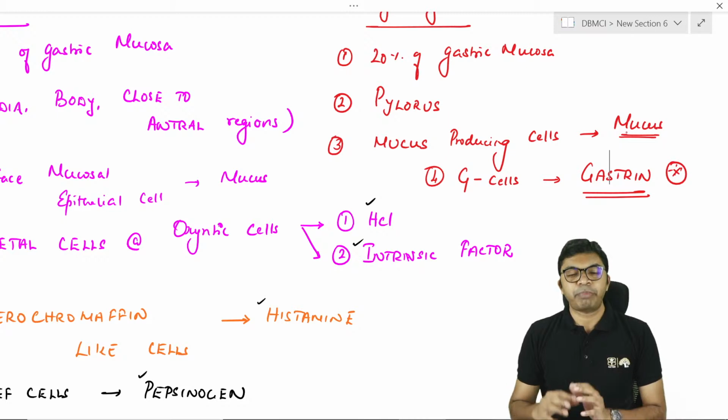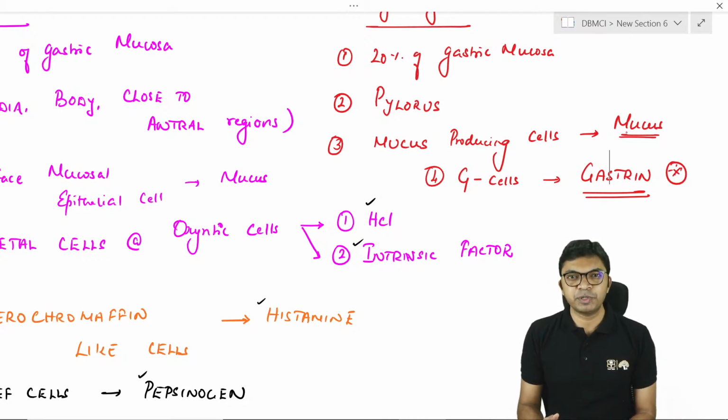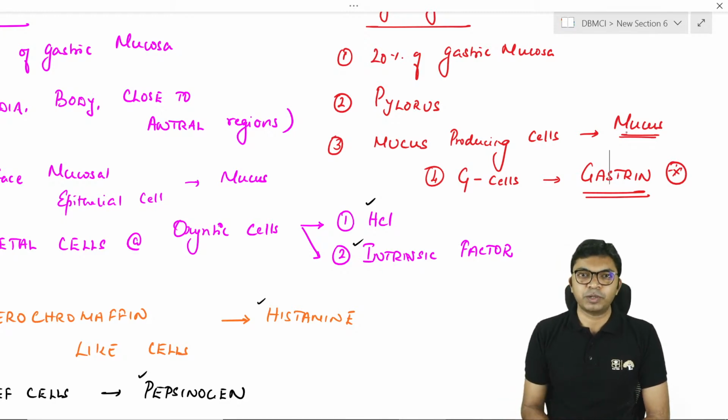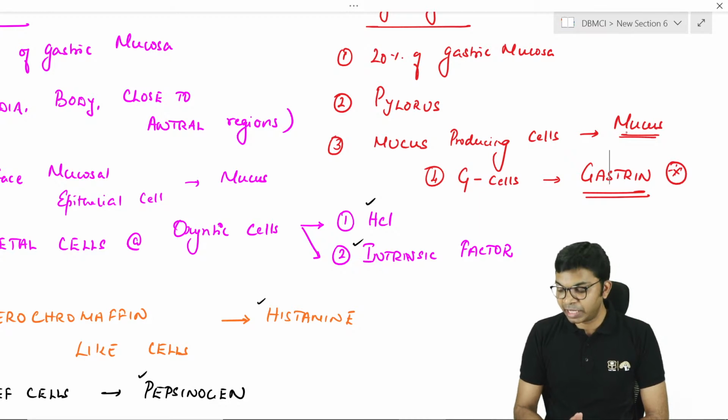Hence, pyloric glands located at the pylorus keep producing enormous amounts of mucus. By the time the gastric acid reaches the pylorus, this mucus coats the gastric acid and ensures there is no acidity crossing the pylorus to enter into the duodenum. That's the ultimate reason why pyloric glands abundantly produce mucus.